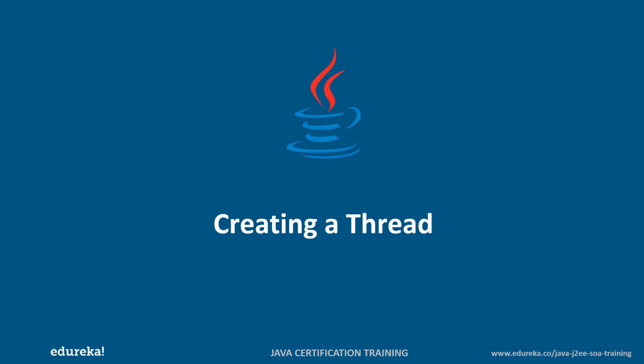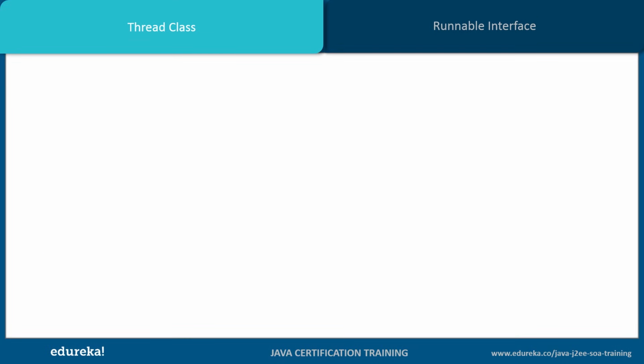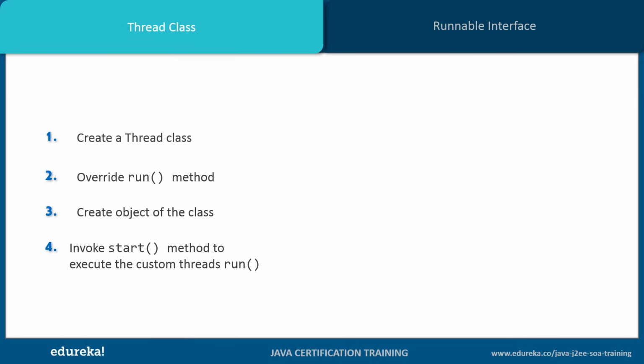So how do we create a thread? We have two different ways by which we can create a thread. Either we extend from Thread or we implement the Runnable interface. So with the Thread class, we just say any class name extends Thread.